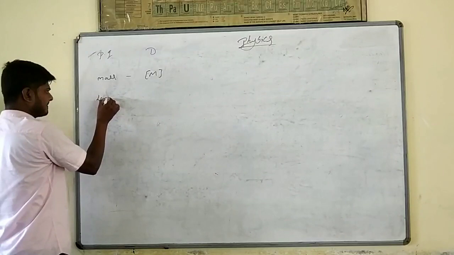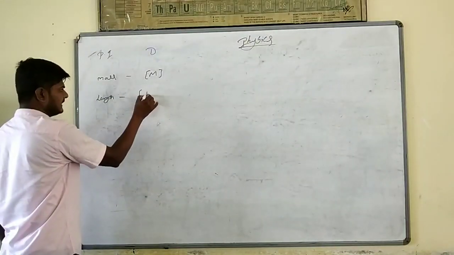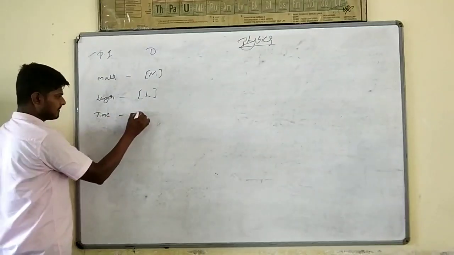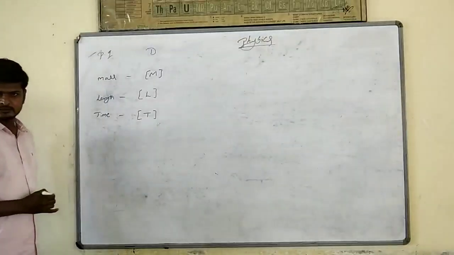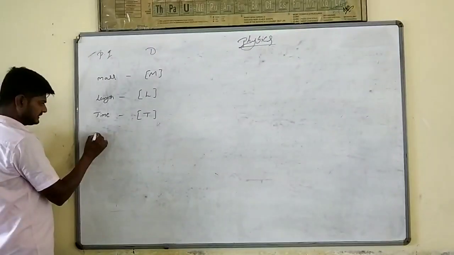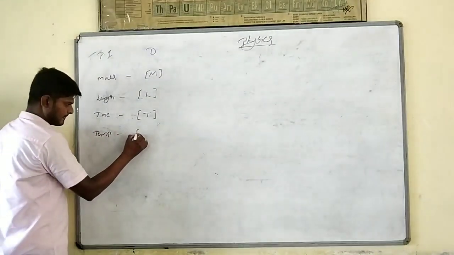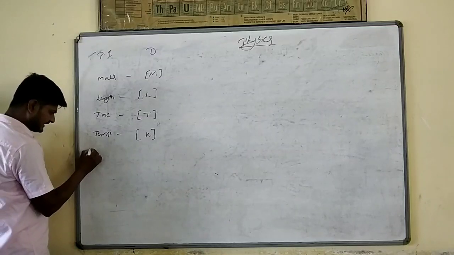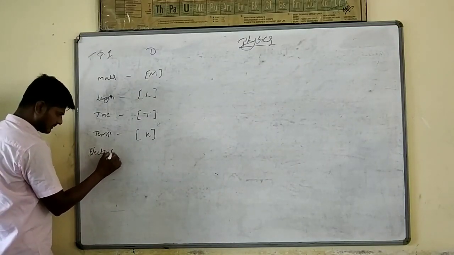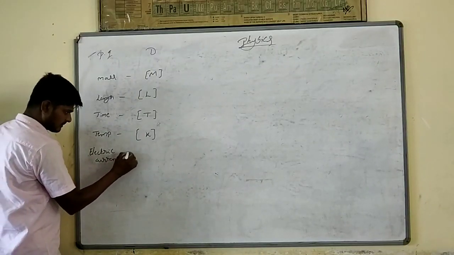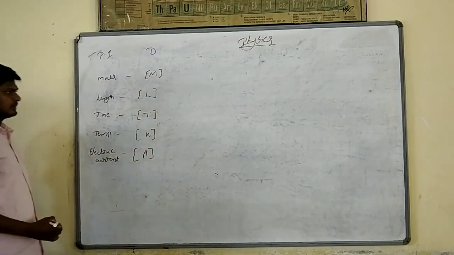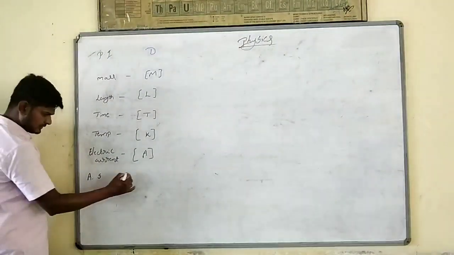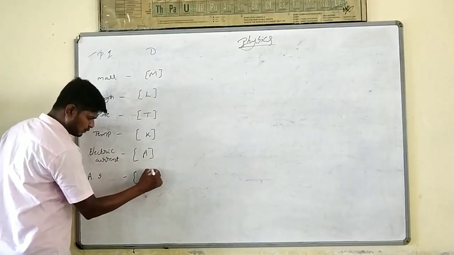Length, capital L. Time, capital T. Next, temperature, capital K. Same way, electric current, capital A. Next, amount of substance, we are going to express in MOL only.